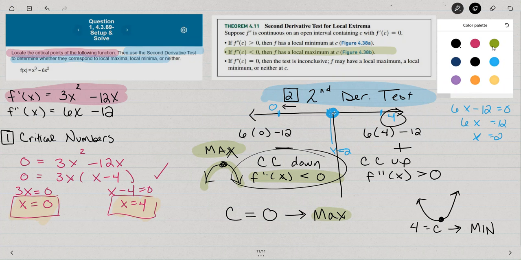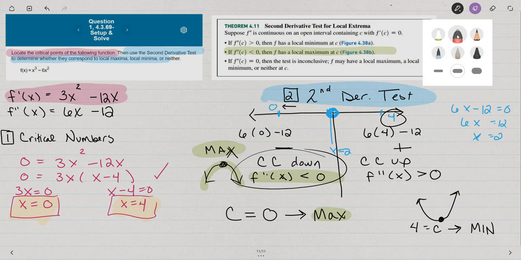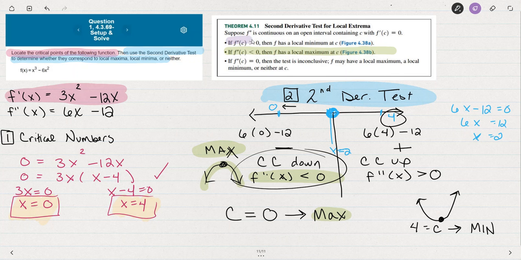But let me show you just by reading the theorem. If the second derivative is greater than 0, or in other words, it's concave up, and we have a critical number on that interval, then that critical number is going to be a minimum.